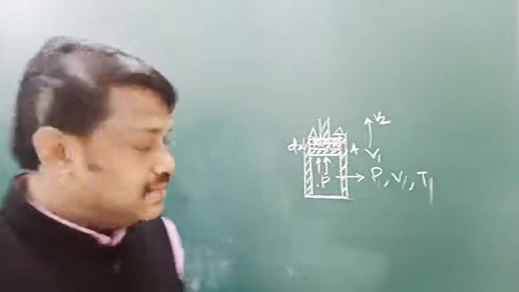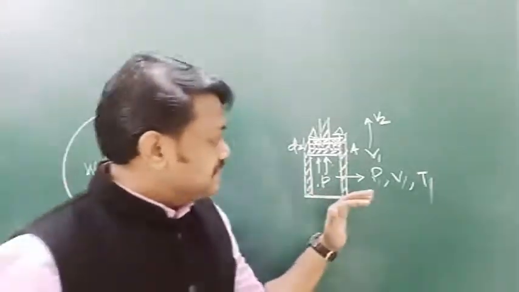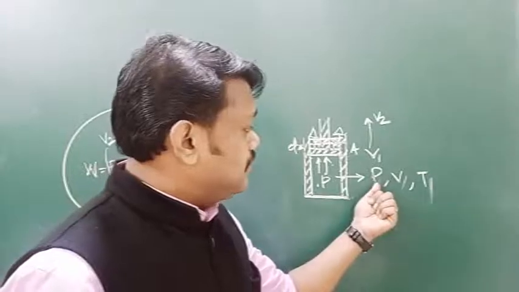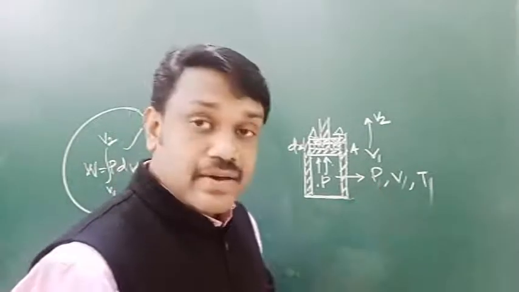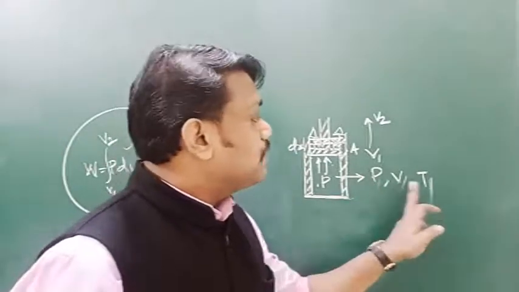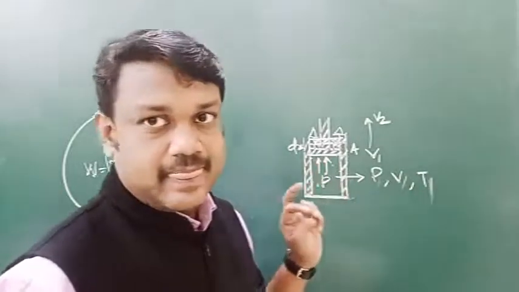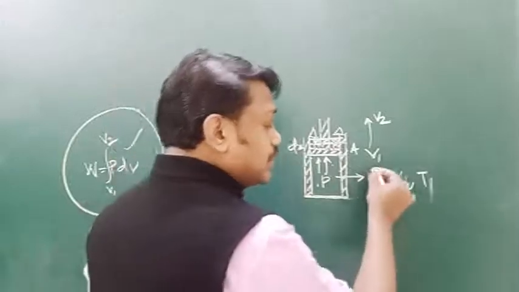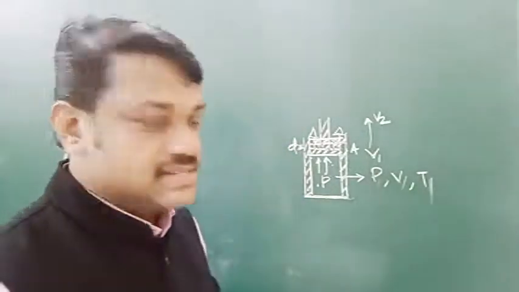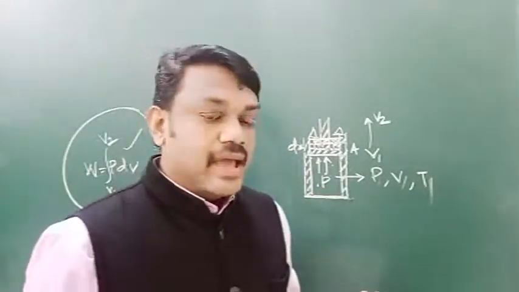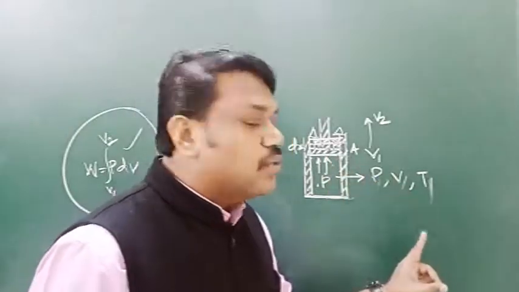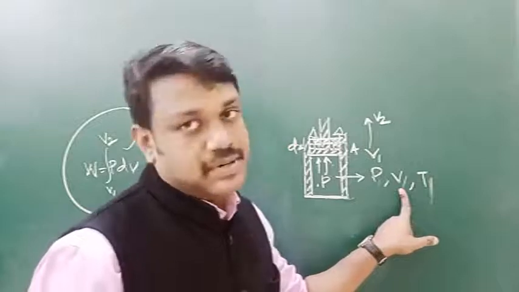So here we can see that when the system expands, if the pressure is remaining constant, then its volume and temperature will change. I already told you P, V, T are state variables. So it is not possible to vary only one of these three variables.